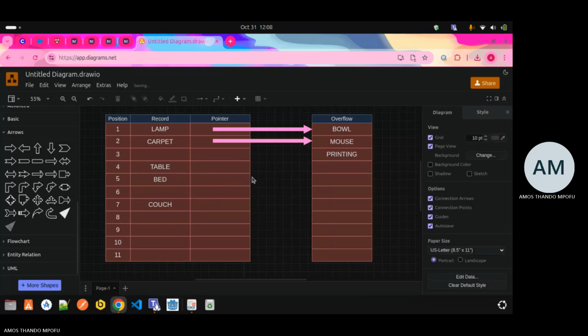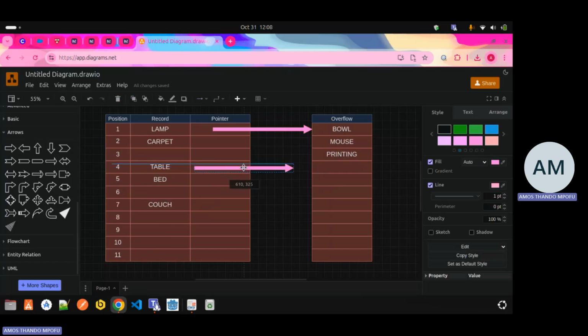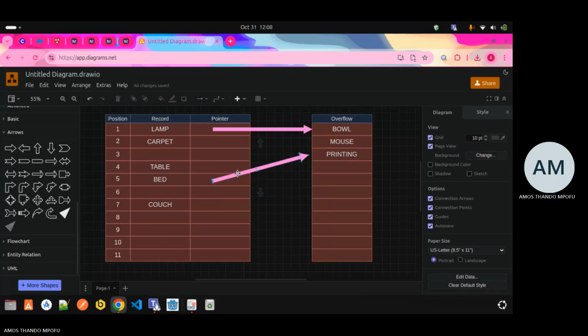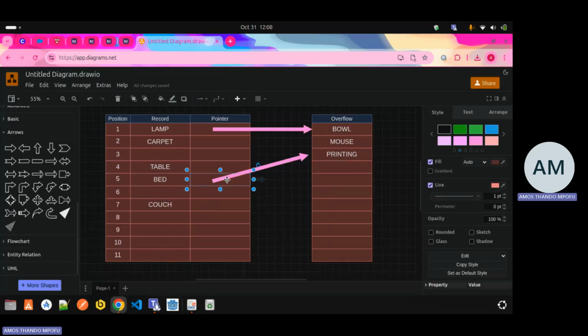Printing, right? And then I put in an arrow from here, table, right, pointing towards day, right? But from table. So that means I need to make this a bit shorter, but let's start by putting it there.